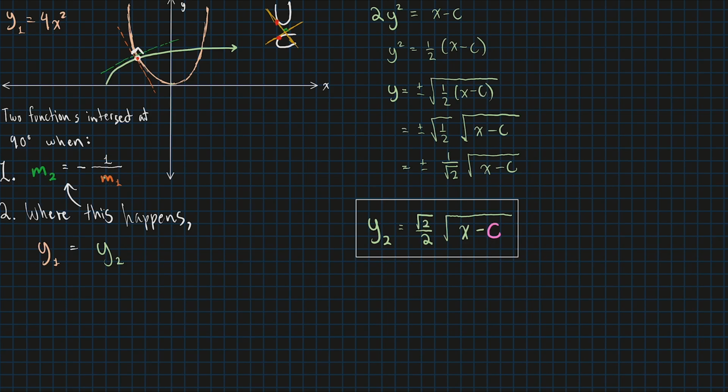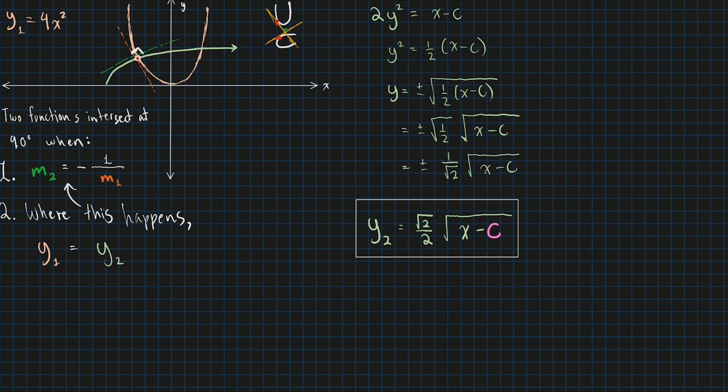Now remember that m1 is basically an expression for the slope of the tangent line to our orange parabola. Now, what's the slope of the tangent line? What's another word for that? Well, that's just the derivative.